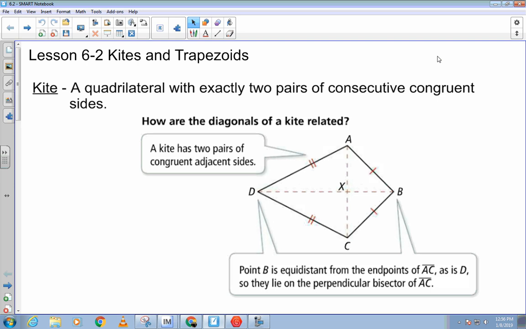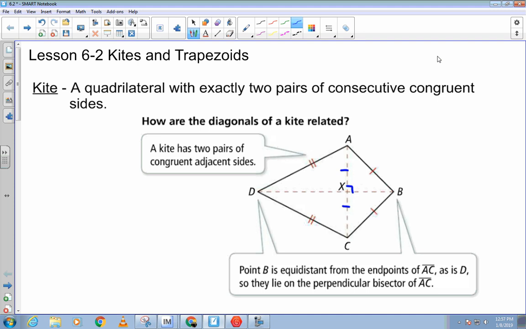The perpendicular bisector. So if this point is equidistant to the endpoints, then it lies on the perpendicular bisector, as does this one. It is equidistant to A and C, so it also lies on the perpendicular bisector. That is what happens with that particular diagonal.